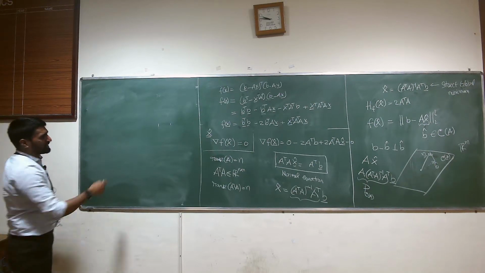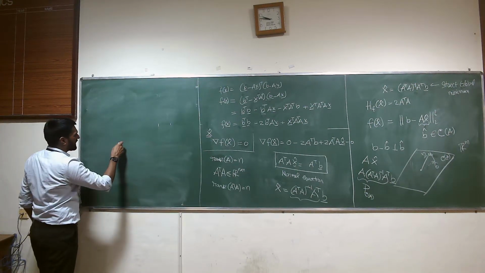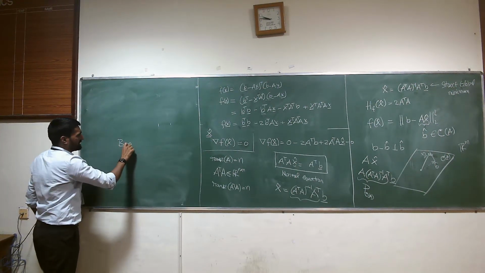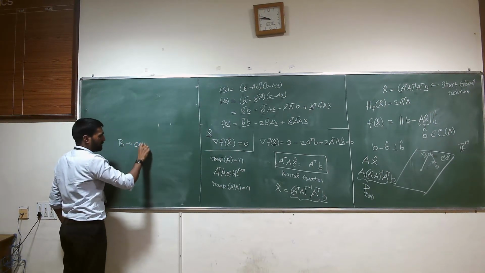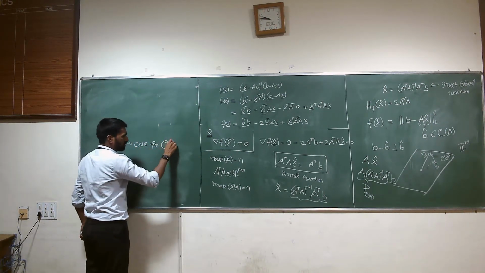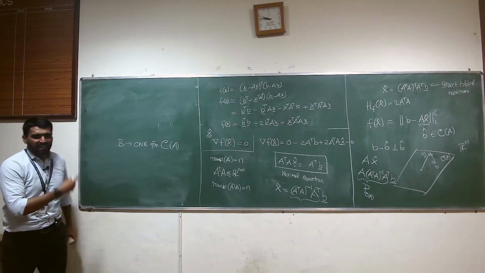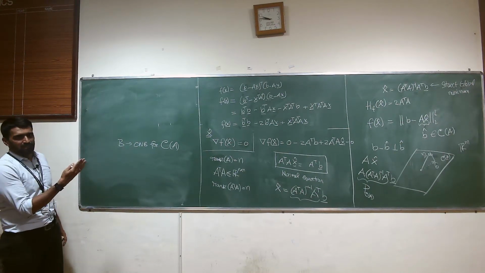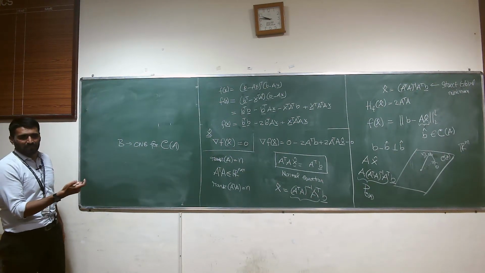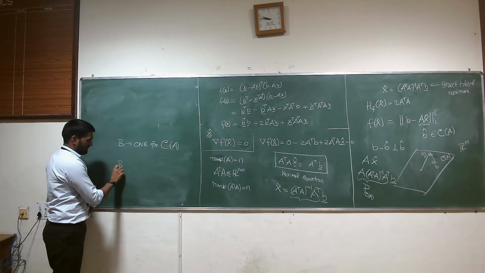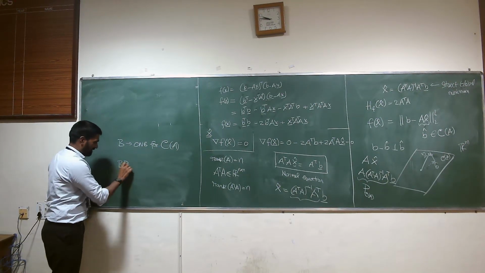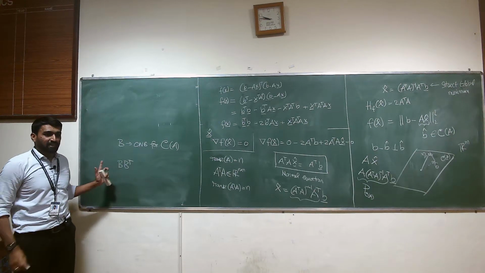If you had an orthonormal basis, let's say I call that B, the columns of B form an orthonormal basis for the column space of A. Then this would have simply given you the projection matrix.